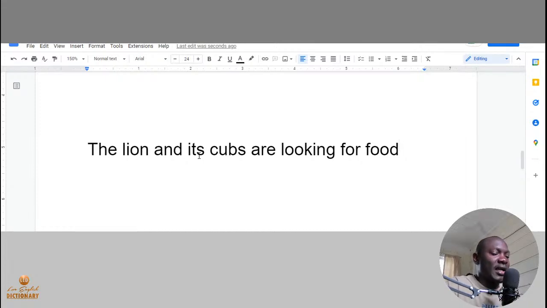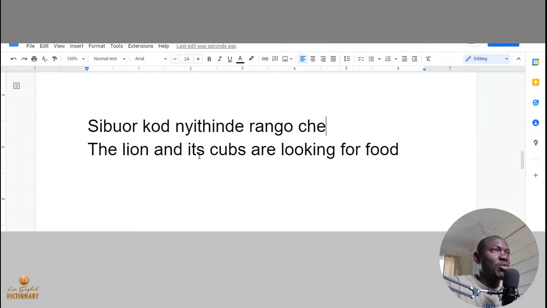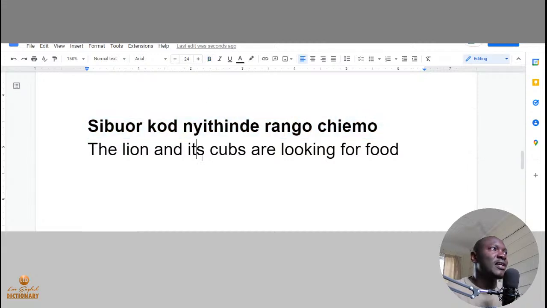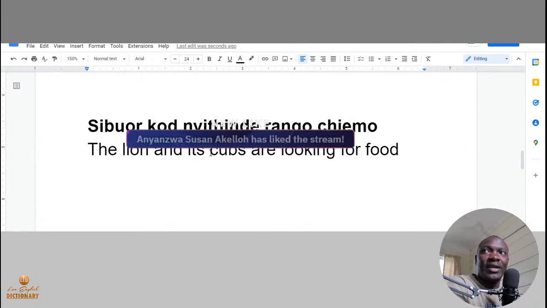And here I can say sibuor kod nyithinde rango chiemo. The lion and its cubs are looking for food. Sibuor kod nyithinde rango chiemo.